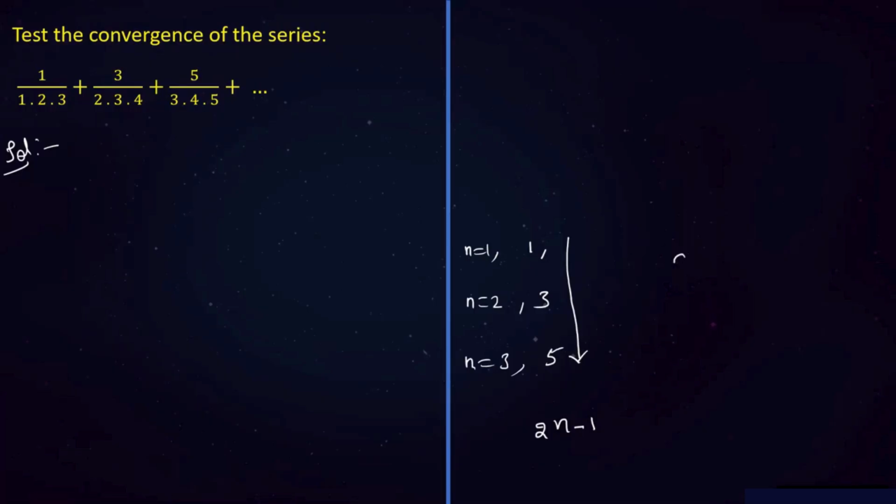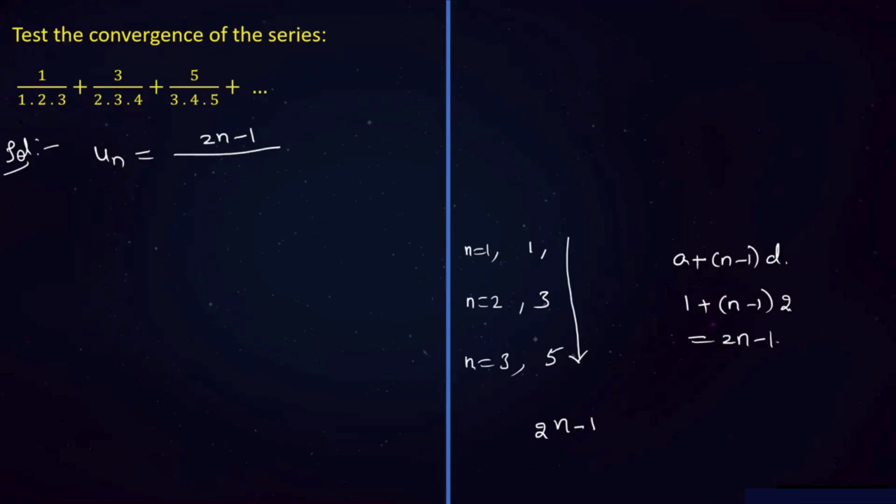To find the nth number in this arithmetic progression, we use a plus n minus 1 into d. Here a is the starting number of the series, so it is 1 plus n minus 1 into d. The difference of any two successive numbers is 2. Even if you simplify this, we get 2n minus 1. So it's clear now. By looking at the given series, one can easily understand the numerator is 2n minus 1 in the nth term.